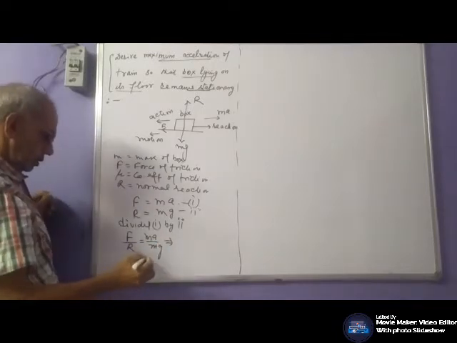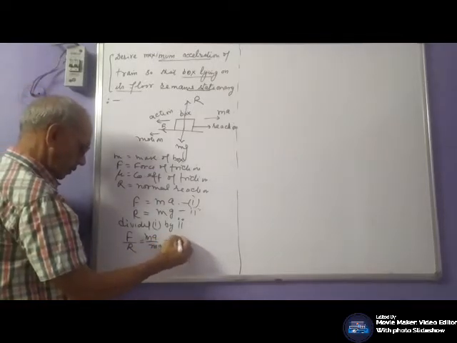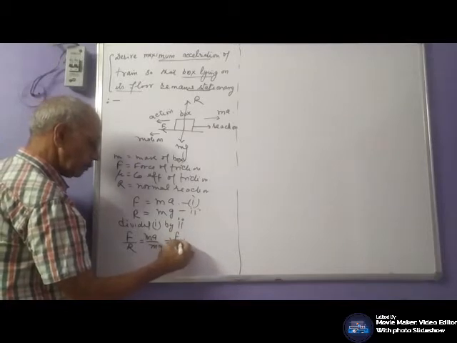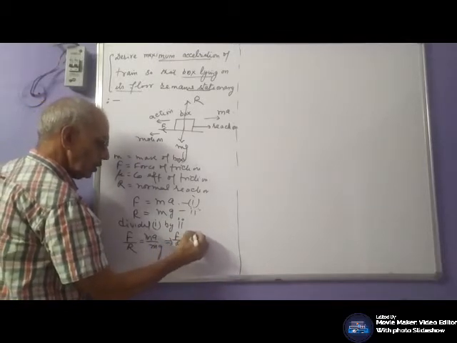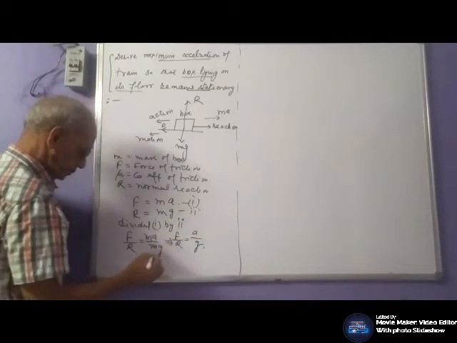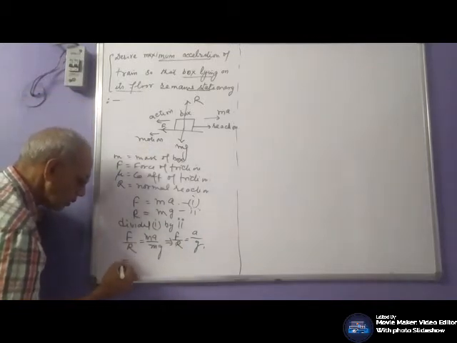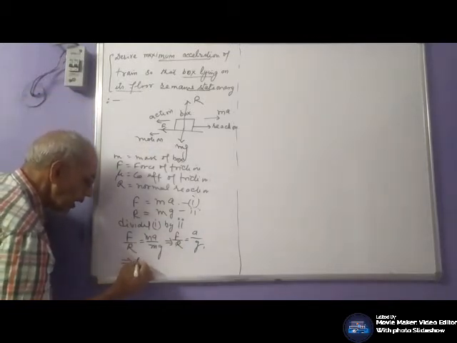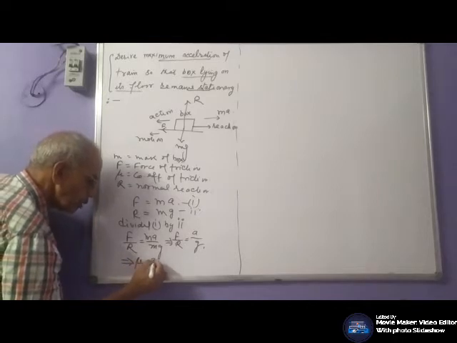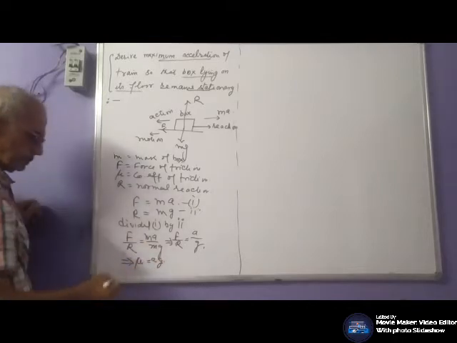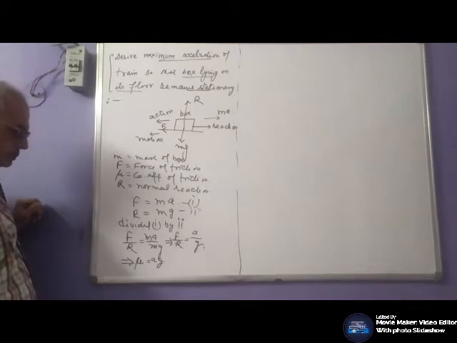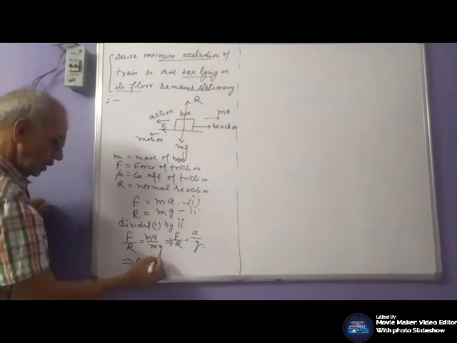Or F by R is A by g, or F by R is mu, so mu is A by g.